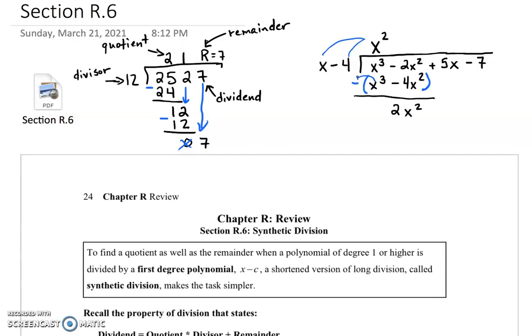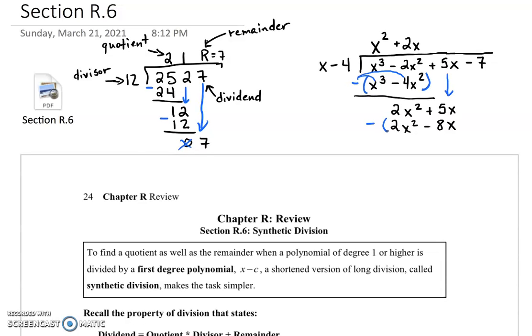Again, because we have to distribute that negative. Then, just like with regular long division, we bring the 5x down. x goes into 2x 2x times. Then we multiply again, so 2x times x minus 4 gives us 2x squared minus 8x.